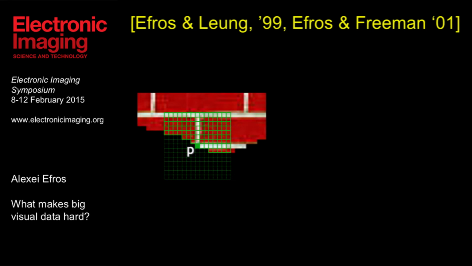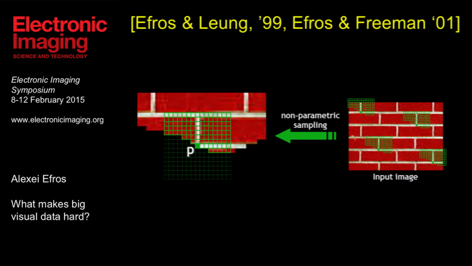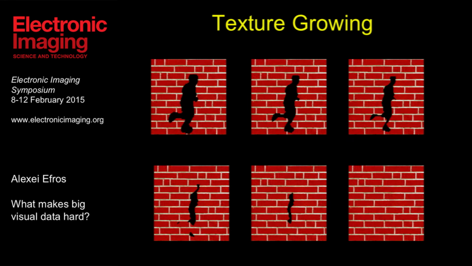Well, in this non-parametric viewpoint, you have the original input image available, and so you make a Markovian assumption that the pixel P depends on the neighborhood of P, and you just search for similar patches in the input image, and then pick one of those similar patches, take the central pixel of that, and transfer it over to P. You just repeat it over and over in this growing approach, and slowly and surely you'll synthesize your texture.